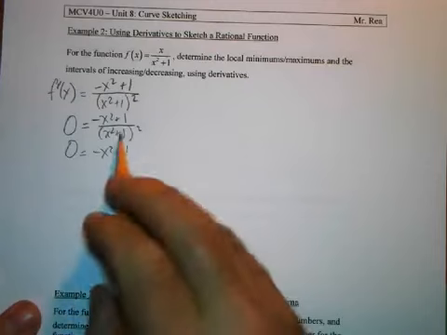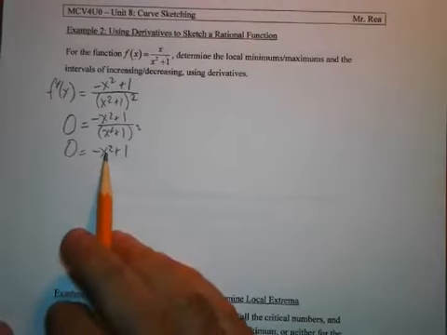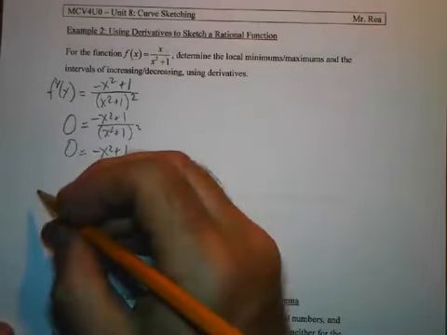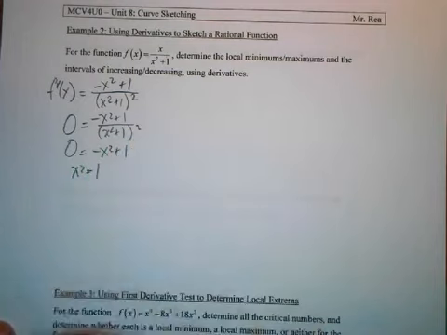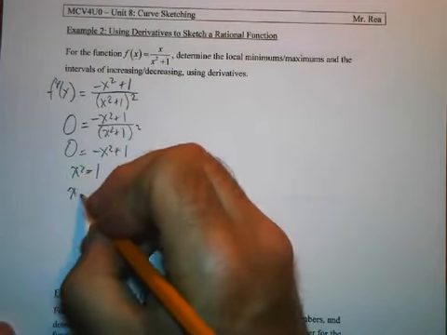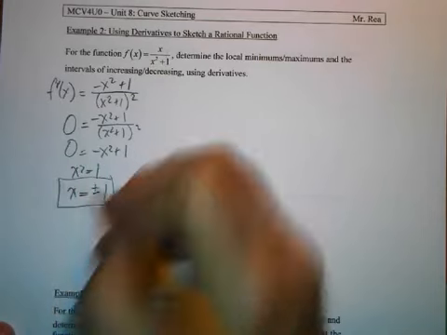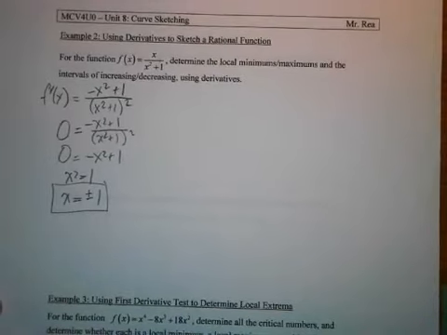You don't even have to bother with what's on the bottom. So in this case, 0 equals -x squared plus 1. If we add x squared to both sides, we get x squared equals 1, which means x could be plus or minus 1. So I have two critical points, x equals +1 and x equals -1.